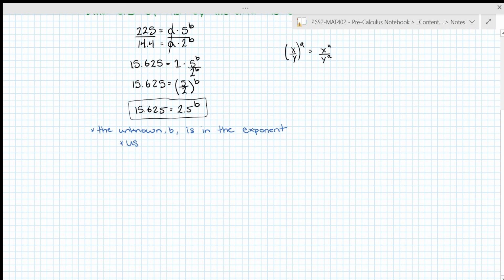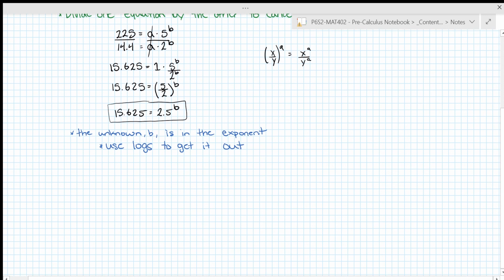We need to use logs to get it out. And there are two different ways that you can do this. Depending on what you were exposed to in Algebra 2, you can pick one way or the other.